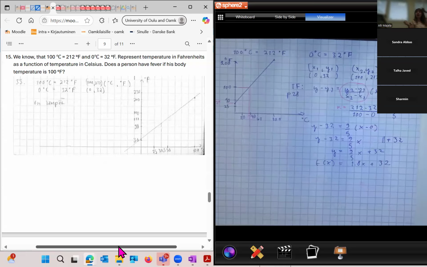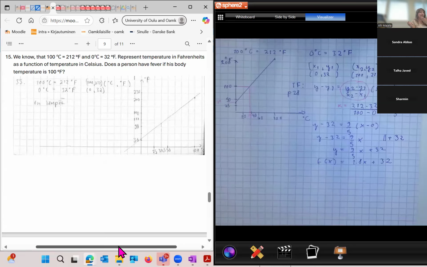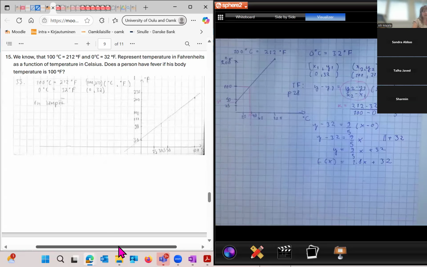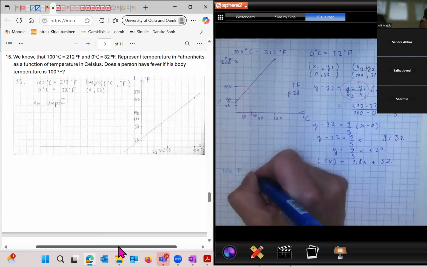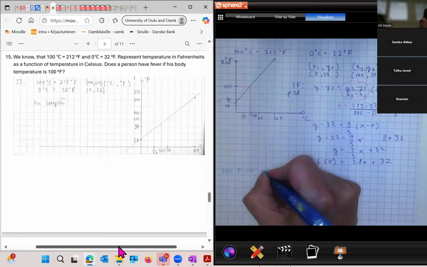Okay, but now I can't solve my problem, can I? Because I wanted to know, like, now I have the Celsius here. So I did it in this, it is a bit silly, why didn't I? Because I wanted to know, let's take another number. I wanted to know, like, 100 if I want to convert it to Celsius.